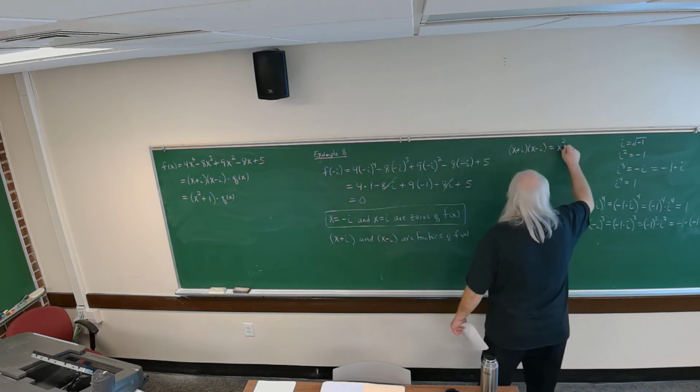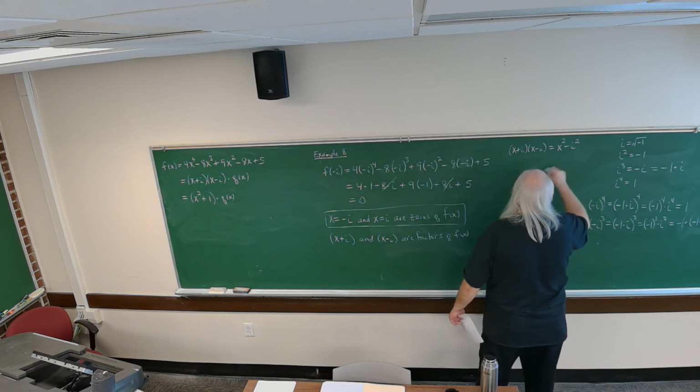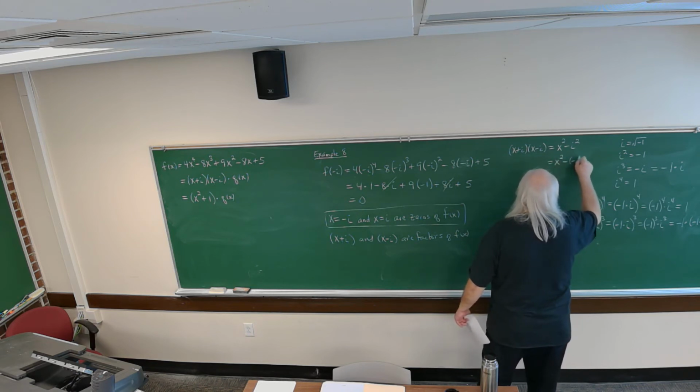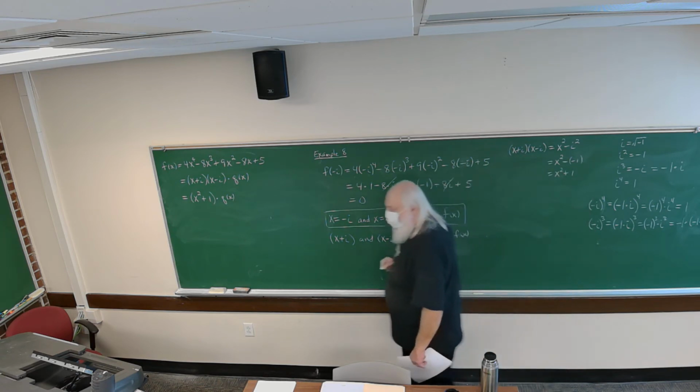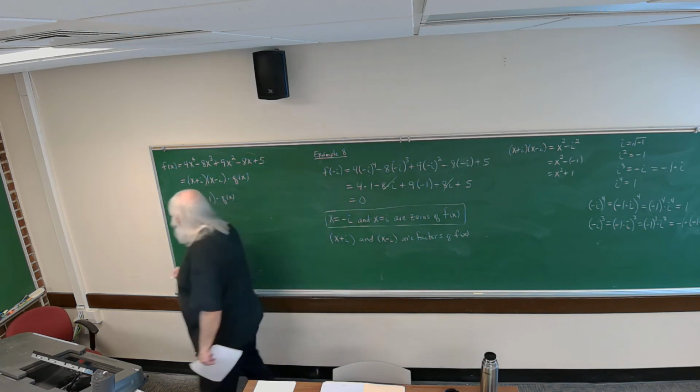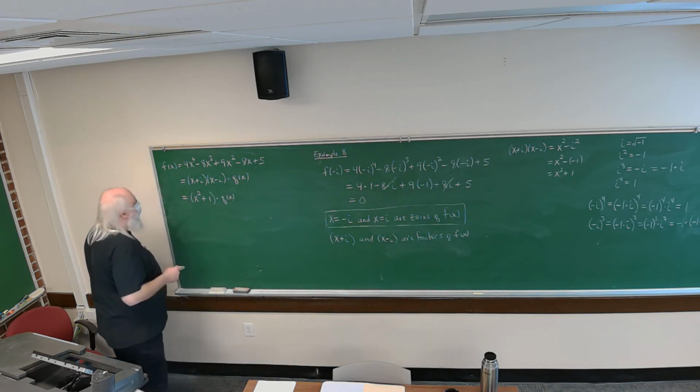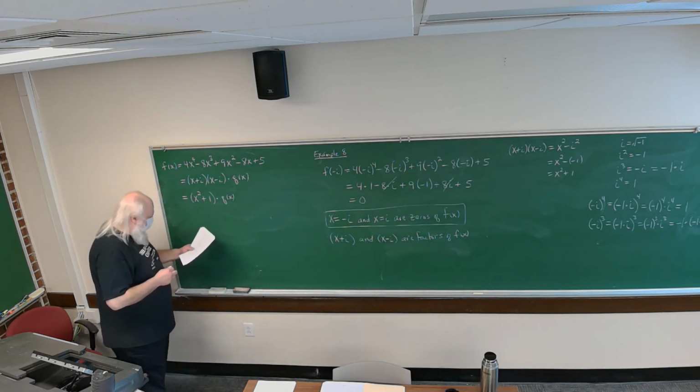It's equal to x squared minus I squared, and I squared is equal to negative 1. So this just ends up being x squared plus 1 when you FOIL that. Okay. All right.